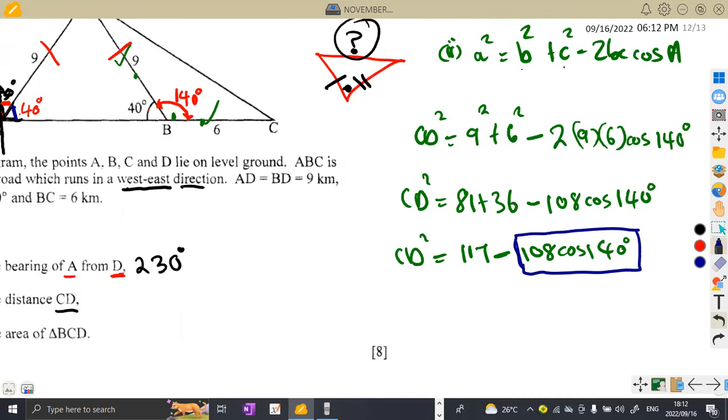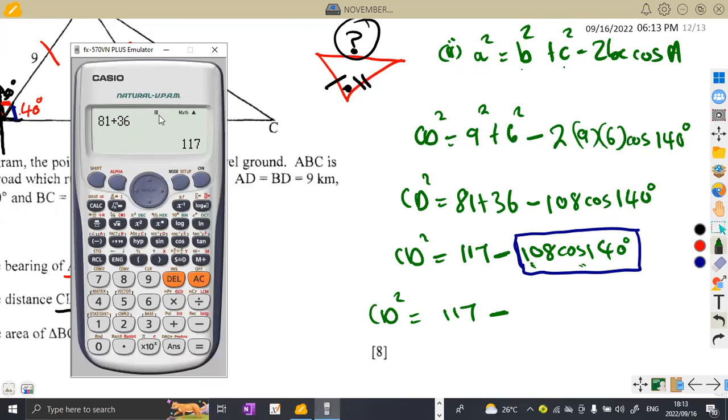Okay, so this is what you're going to do. You're going to write CD squared as equal to 117 minus the product of these two. Make sure that your calculator shows a D there to show that it's in degree mode. So this is 108 cos 140 degrees.